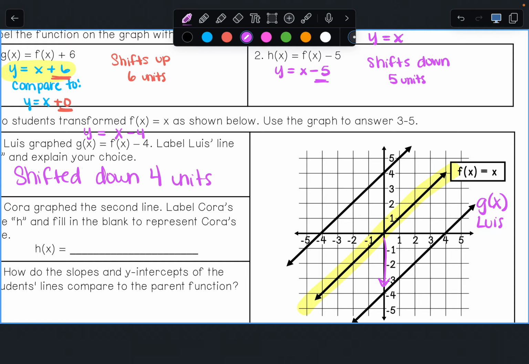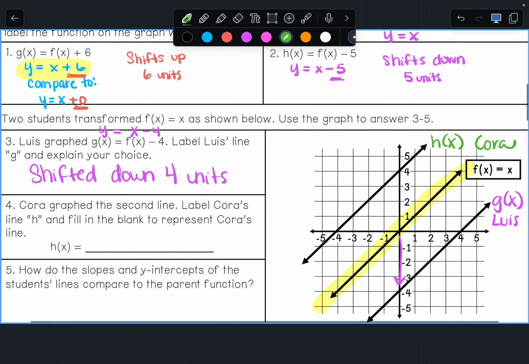Okay. Now it says Cora graphs the second line. There's only one other line that's not labeled, so we're going to label that one for Cora. That one's h of x. It says label her line and then write the equation of that line. They want us to write it in function notation form though.